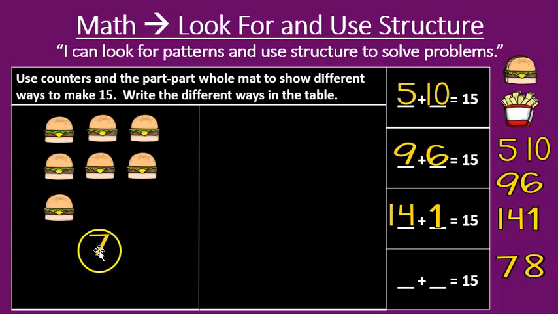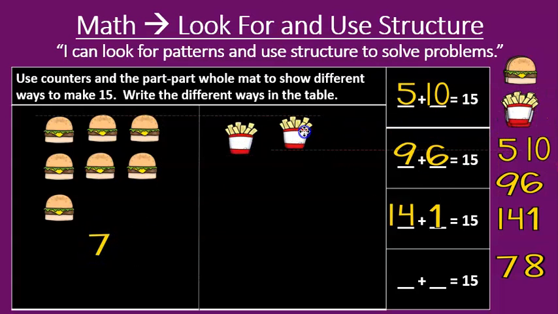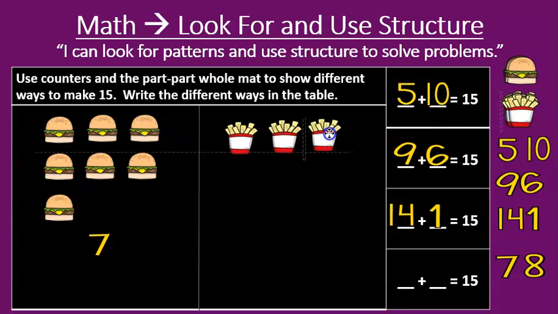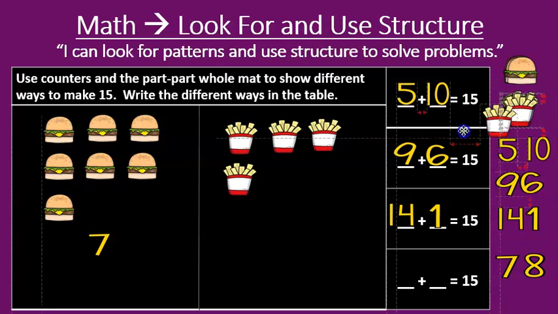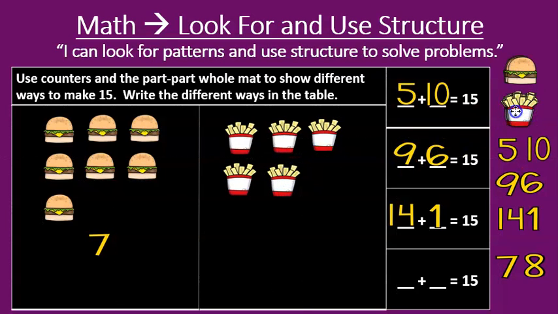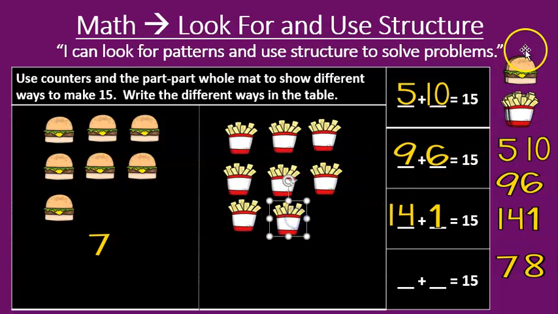Count with me. 7, 8, 9, 10, 11, 12, 13, 14, 15. And look at that, boys and girls. We now have 15 total there, okay? If we add up the hamburgers and add up the French fries, that's going to give us 15.